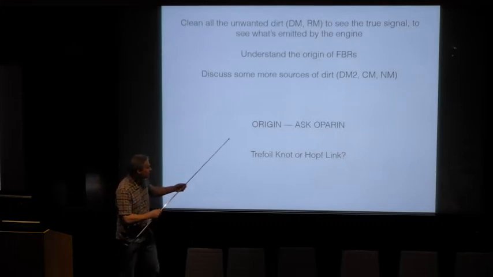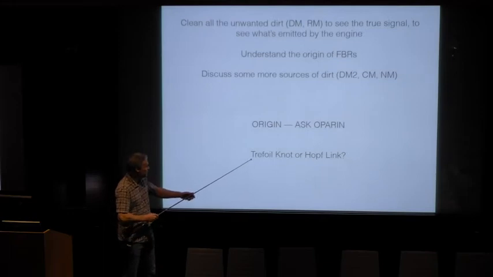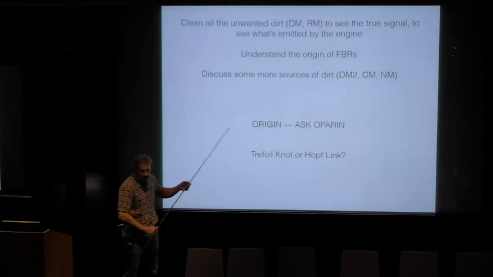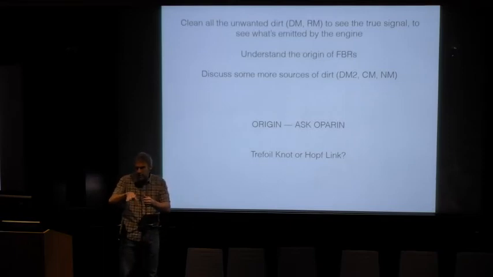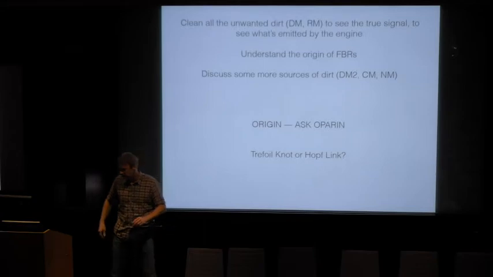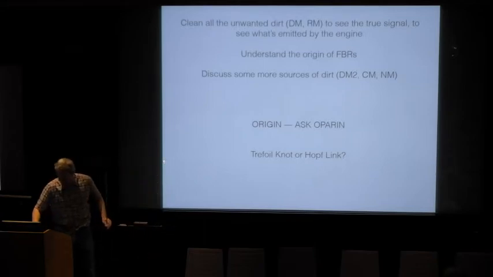And theorists should forget about distinguishing a trefoil knot from a Hopf link, but rather see what kind of signals can be ascertained no matter what the engine is. And if those signals are found, so much the better.